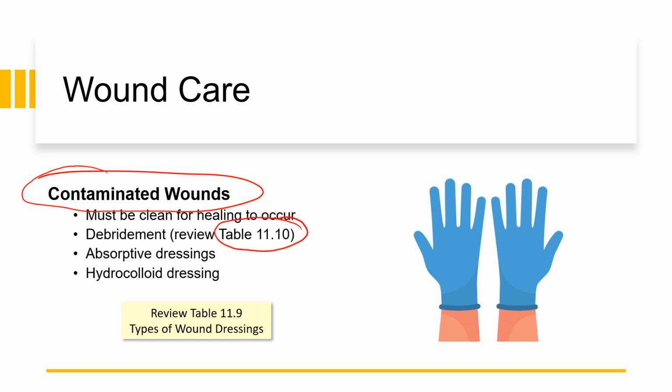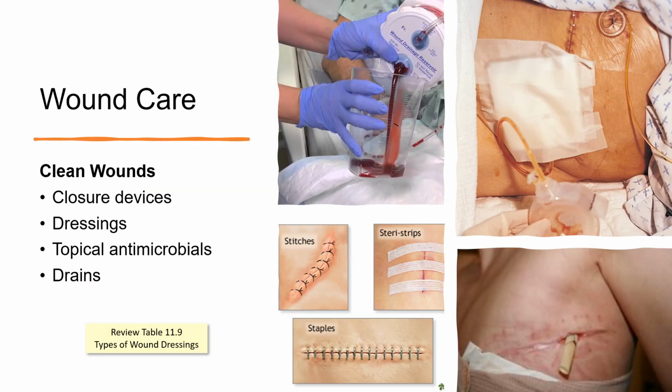Absorbative dressings: remember that exudate is corrosive if left on the skin, so those absorbative dressings will absorb that and bring it away from the skin. And then hydrocolloid dressings are also used for moderate drainage. And then, yes, review 11.9, very important table.